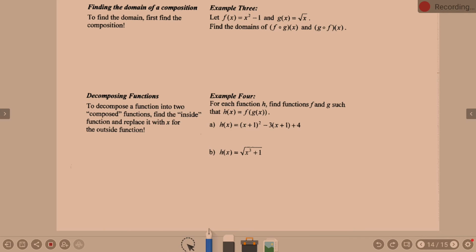To find the domain, you must first find the composition. They provide us f and g. Notice my f and g are different, aren't they? So you have to pay attention to what f and g are. It wants the domain of f composed with g and g composed with f. Well, to talk domain, we have to see what that composition looks like. So, ready to practice again?